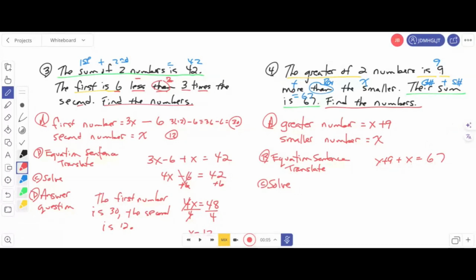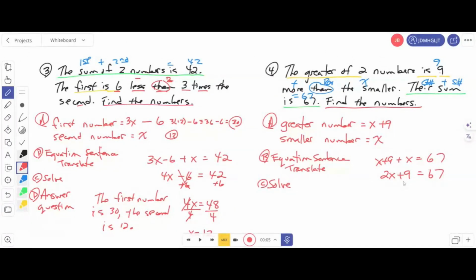Get rid of parentheses. We don't have any. Combine like terms. On the left side, I have X plus 9 plus X. The X plus X is 2X plus 9. There are no terms to combine on the right. Then we make sure that we don't have variables on both sides. I don't.